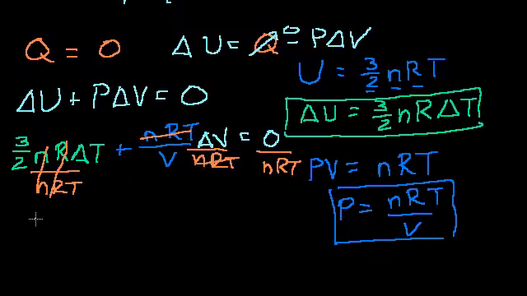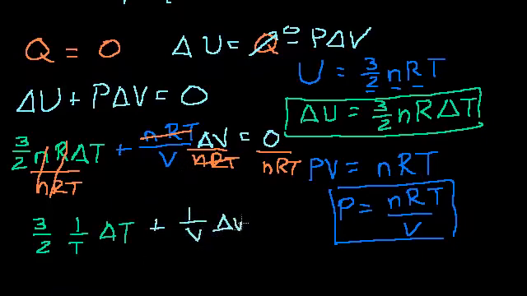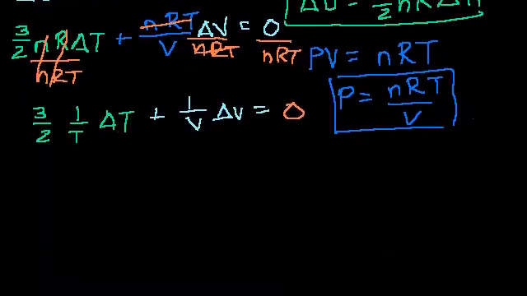We're left with 3 halves times 1 over T delta T plus 1 over V delta V is equal to, well, 0 divided by anything is equal to 0.